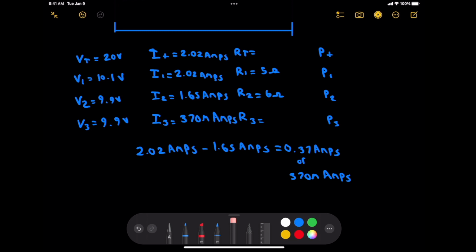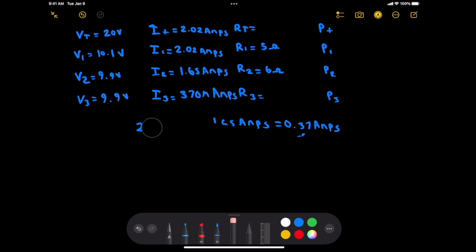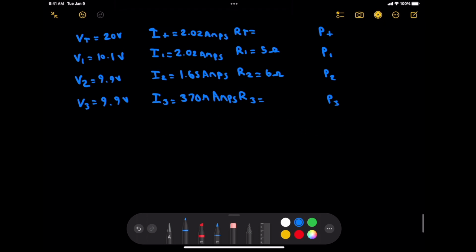Okay. So now we can find out what R3 is. R is going to be voltage divided by current. So we're going to be dividing 9.9 volts by 370 milliamps. And that's going to give us our resistance.